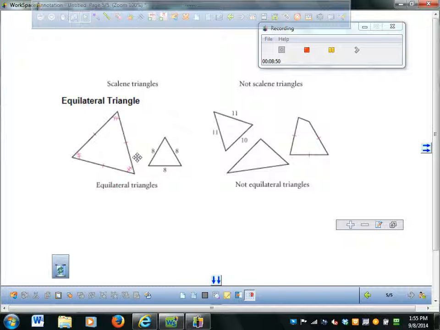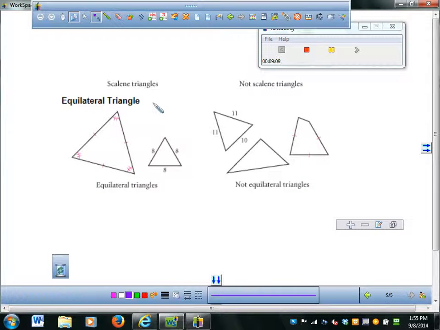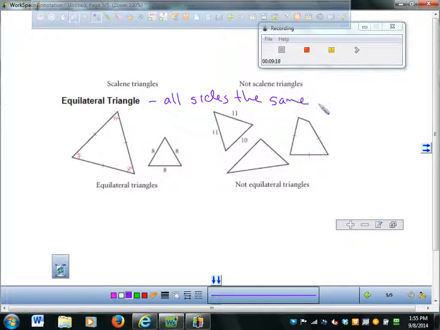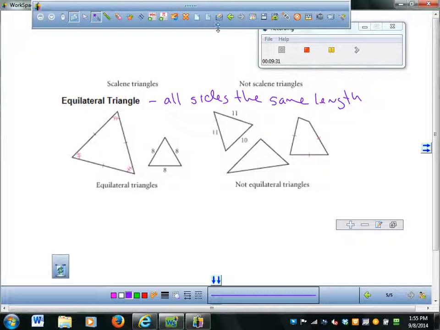And in this picture it shows all the angles are the same, but really the definition is that all sides are the same, all sides congruent or the same length. Questions? No? Yes? Maybe?